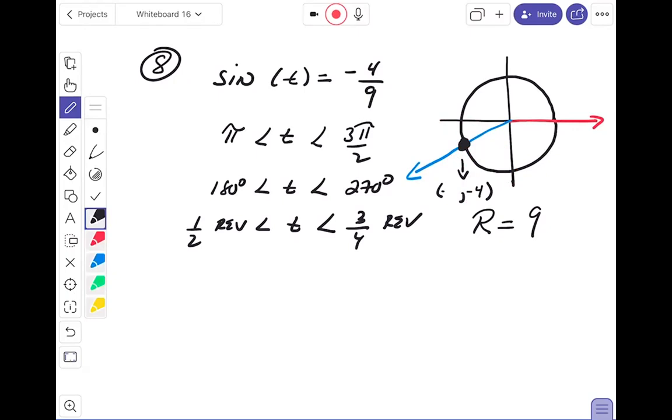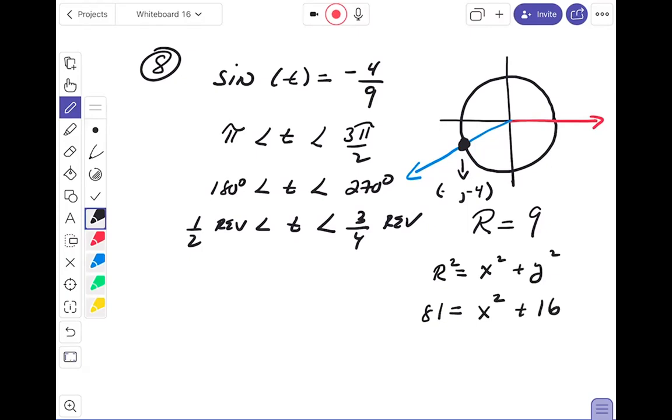All right, now let's write this down. It's going to be r squared equals, not r squared, I'm sorry, x squared plus y squared. Now what's r squared? 81. I don't know x. What's y squared? 16.